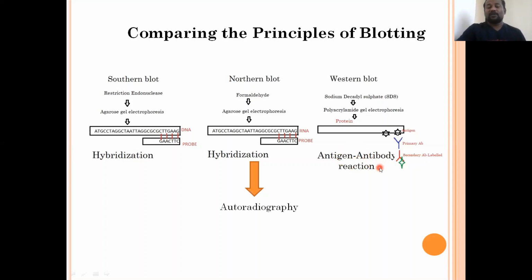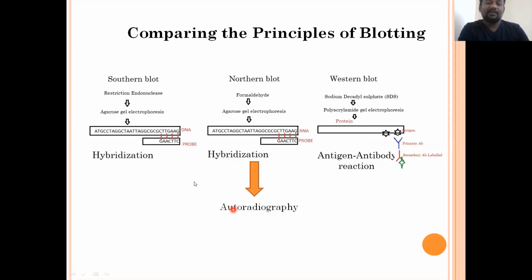After this detection is over, we can visualize the particular DNA or RNA or protein with the help of autoradiography. In case you attach the DNA probe with radioisotopes, we can go with X-ray film.